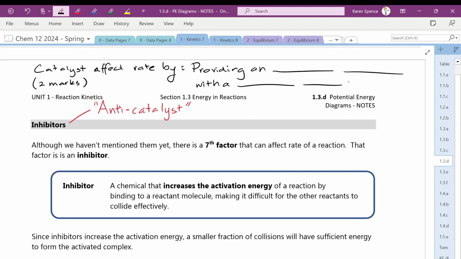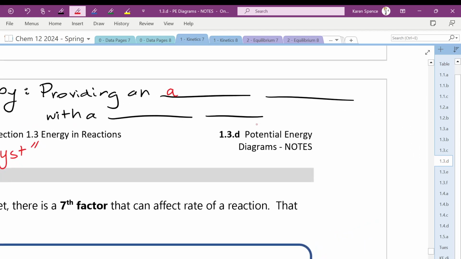Alrighty. A catalyst affects the rate by providing an alternate pathway or path with a lower EA.